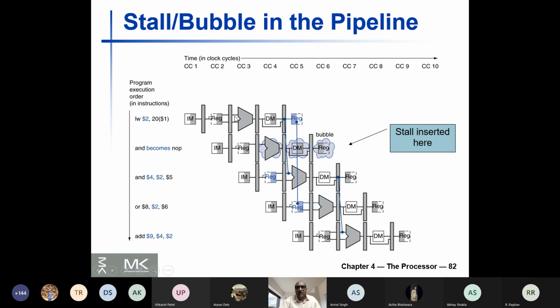You can see here the way the bubble, or the stalling, is carried out. You can see the load instruction here, and in cycle 3 we identify that there is a load hazard. For that purpose, you need to stall. It means that the execution stage of this particular instruction will be made empty, a no operation, and these two stages will not change at all.